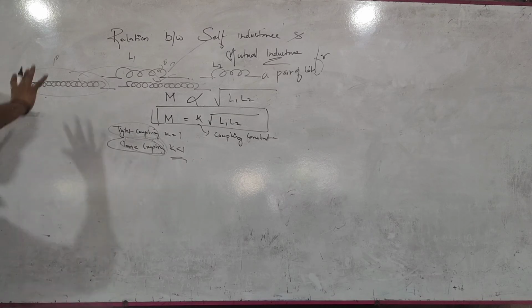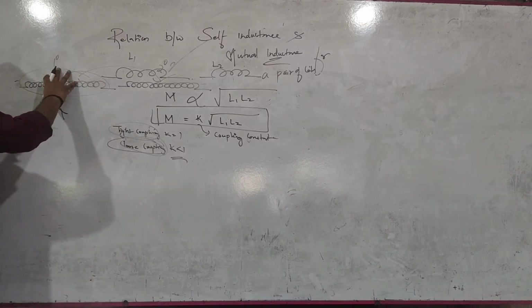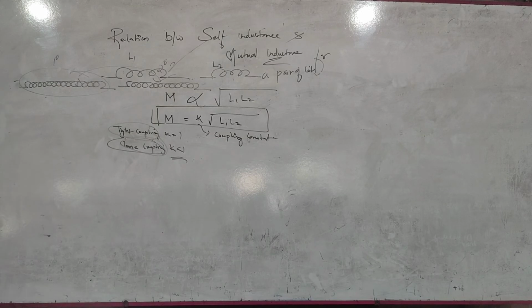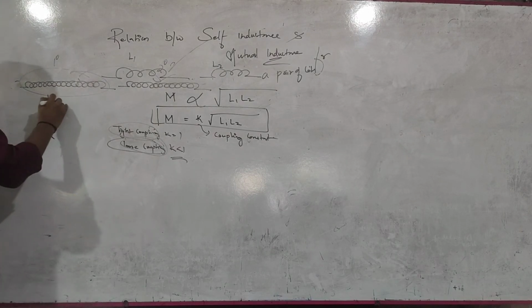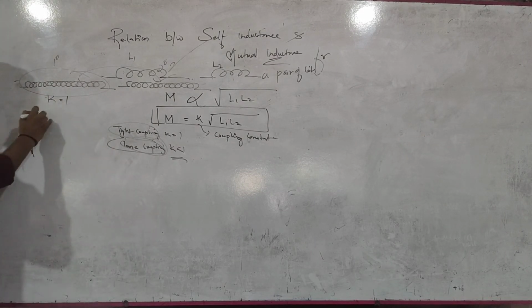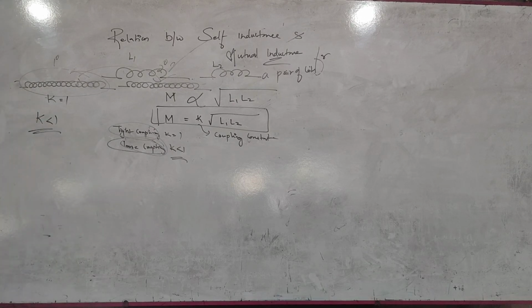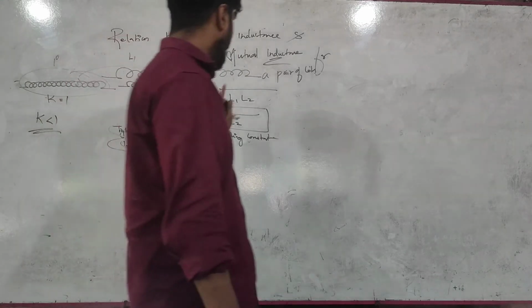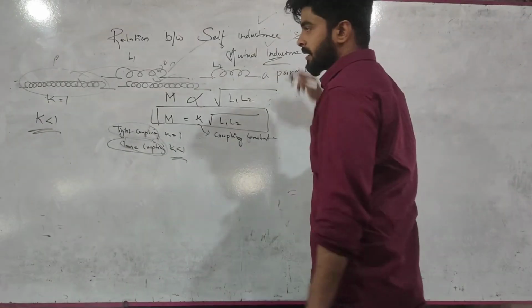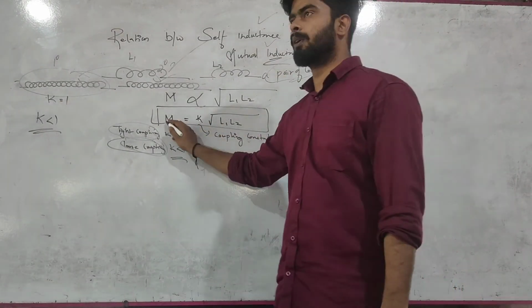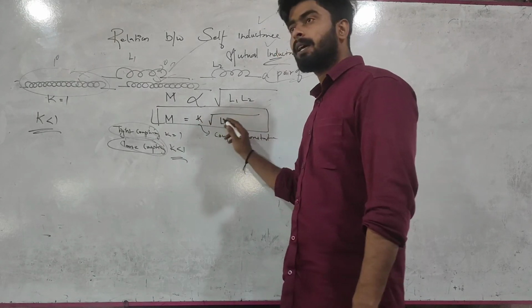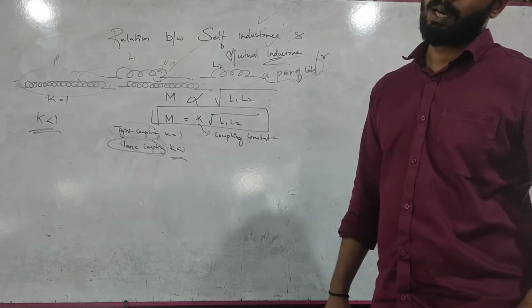In tight coupling, the complete flux of the primary will be available to the secondary. And for tight coupling, K is equal to 1. And for loose coupling, K is less than 1. Clear? So the relationship between M and L, or mutual inductance and self-inductance for a pair of coils, is M is equal to K under root L1 L2.